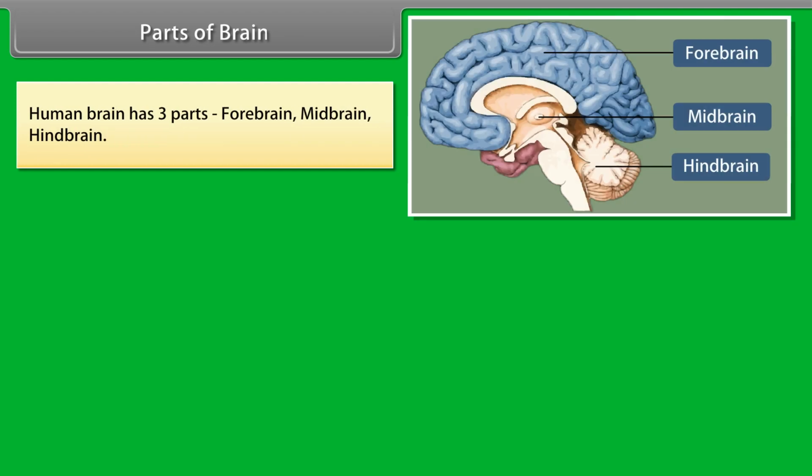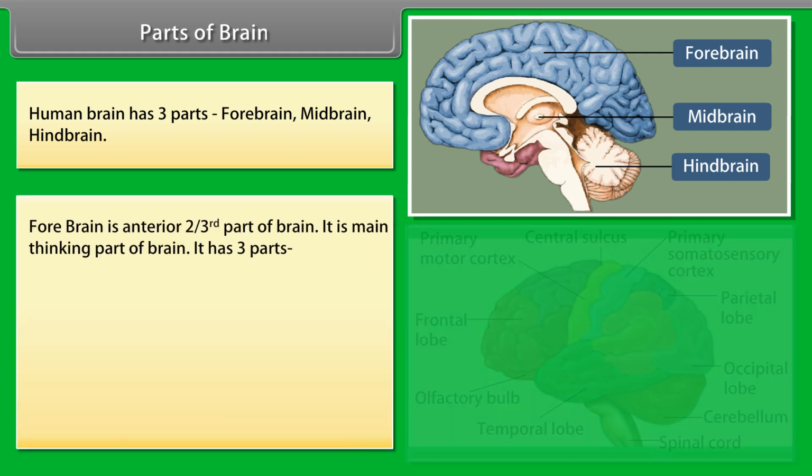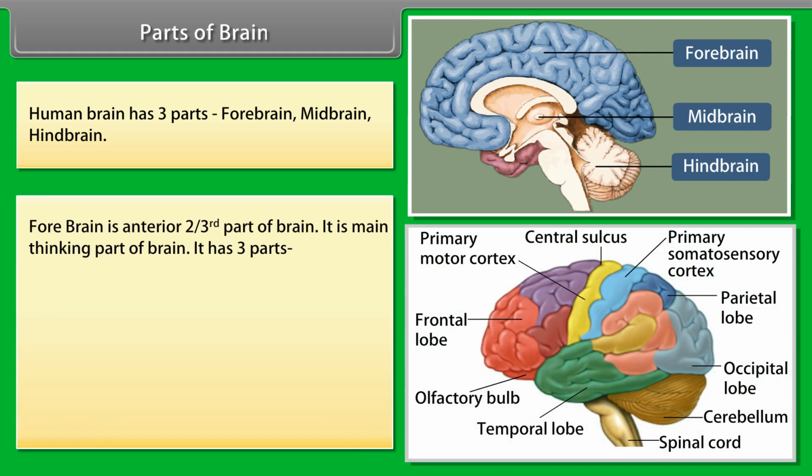Parts of the brain. The human brain has three parts: forebrain, midbrain, and hindbrain. The forebrain is the anterior two-thirds part of the brain. It is the main thinking part of the brain. It has three parts.